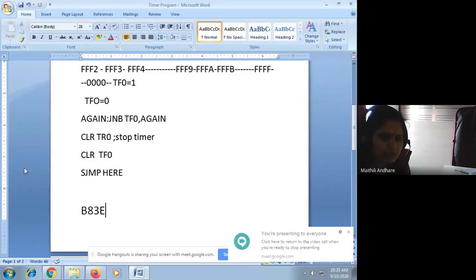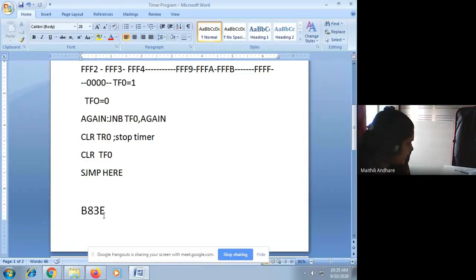Now what you have to calculate? How much delay is generated by this value? If the initial value loaded in the timer register is B83E, how much delay is generated by this value? You have the formula.